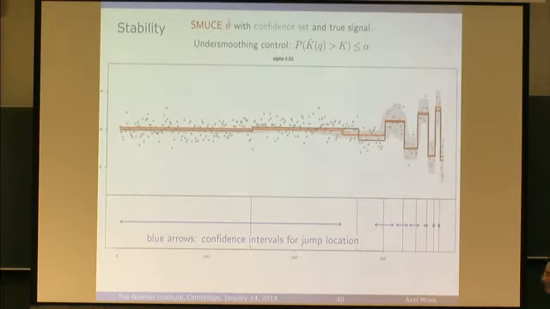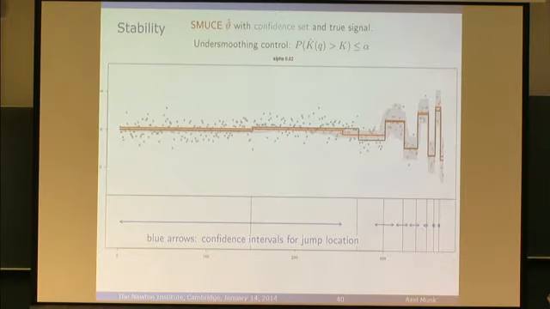What you see here is the following situation. It's the same data essentially as before. The black function is the truth, that's the signal. The red function is the estimator. The gray area is the confidence set or confidence band we get out of that construction I gave you before.